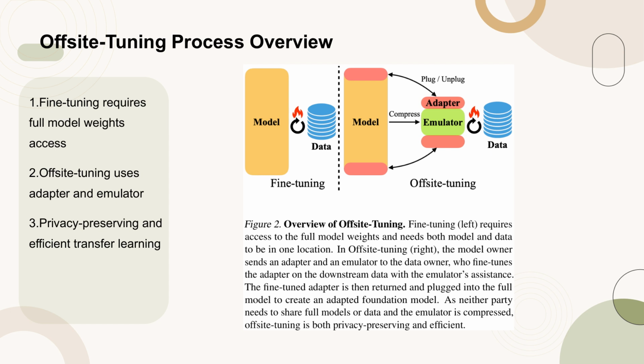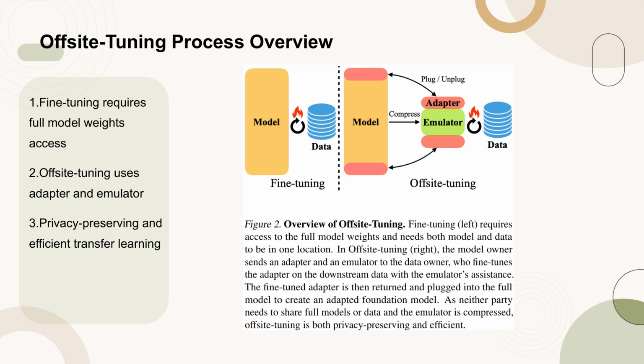On the left, traditional fine-tuning is shown, which necessitates the full model weights and places both the model and data in one location. This approach can compromise data privacy and is resource-intensive. On the right, offsite-tuning is depicted, where the model owner sends an adapter and a compressed emulator to the data owner.